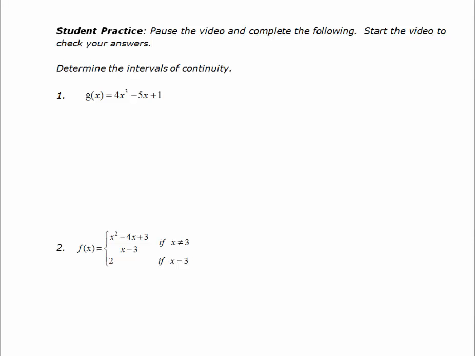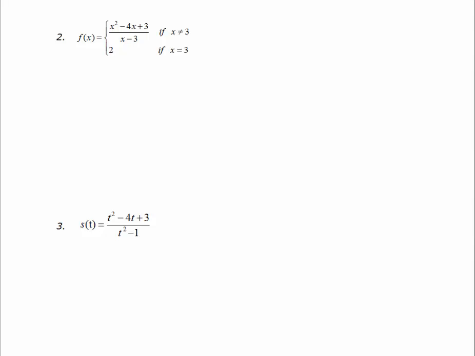Alright, so the first one is a polynomial function, and polynomial functions are continuous everywhere. So the interval of continuity is just negative infinity to positive infinity. Number 2, we start off with the original function, and the only point of discontinuity, if we look at the functions as standalone, the only place where this rational function would be discontinuous is when x equals 3.